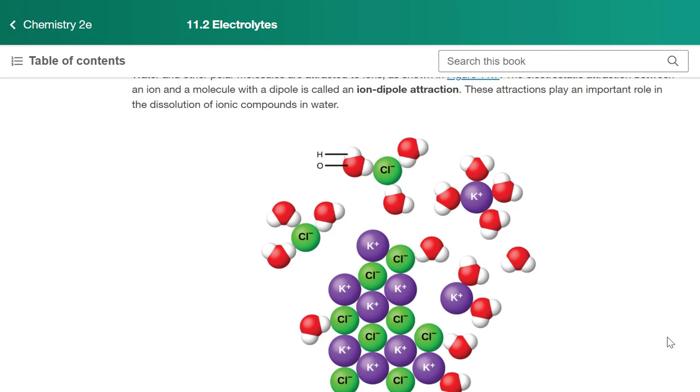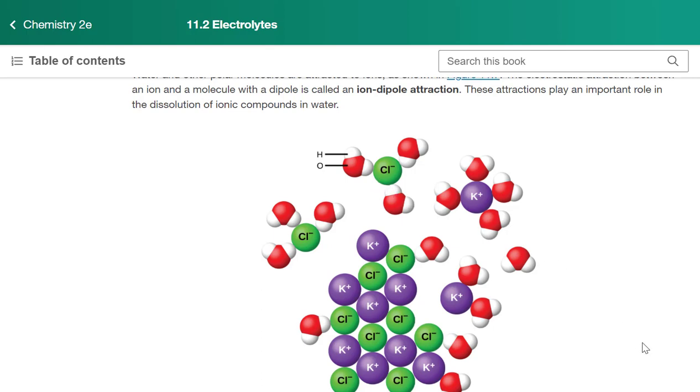Basically what's going on here is that the ions can become surrounded by water molecules, which, with the hydrogen bonding, have very strong attractive forces. The portion of the water molecule with a partial negative will be attracted to the positive charge of the ion, whereas the portion of the water molecule with a partial positive, the hydrogens, will be attracted to the negative charged ions.